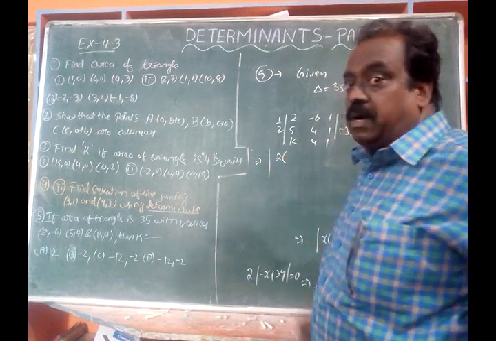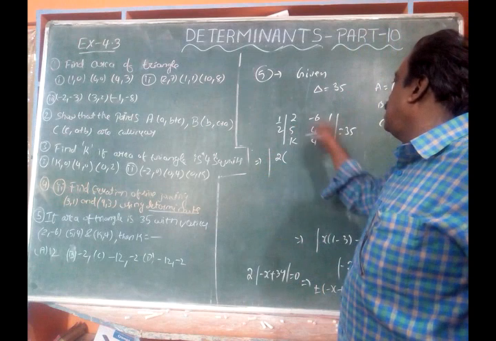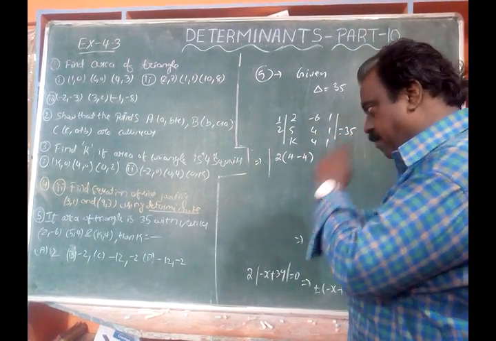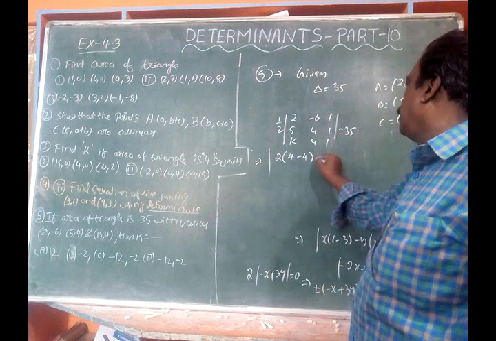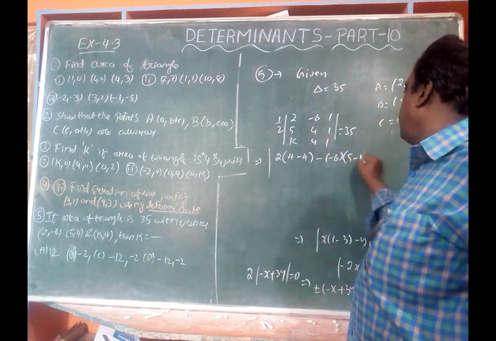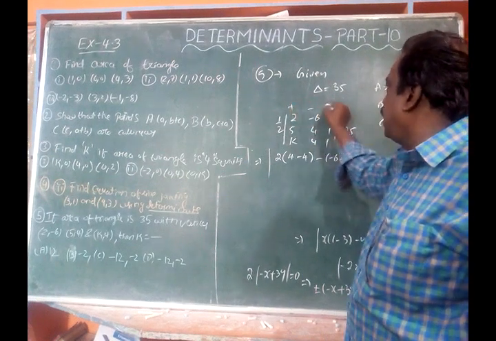So 2 of modulus, we have to put it into modulus, don't forget. Modulus of 4 minus 4, minus of minus 6 into (5 minus k). Don't forget, minus, already minus is there.